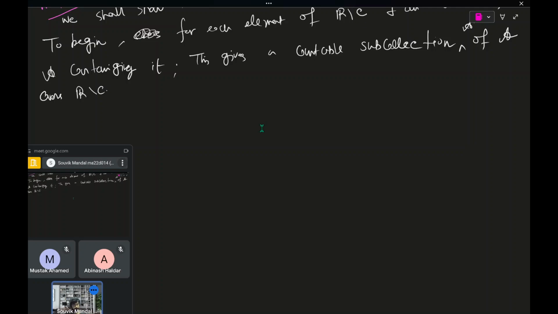Now, the main trick. Here is the main trick.